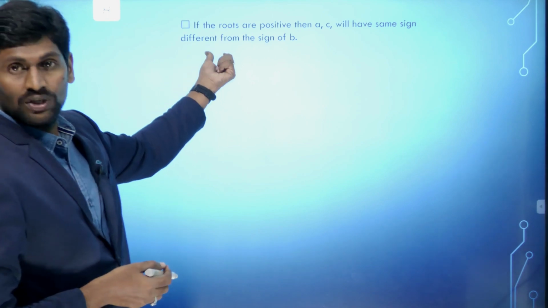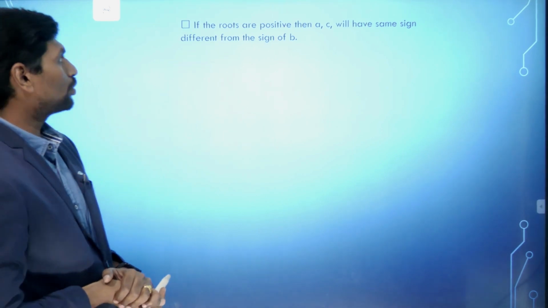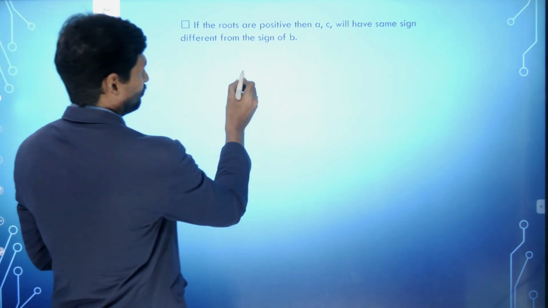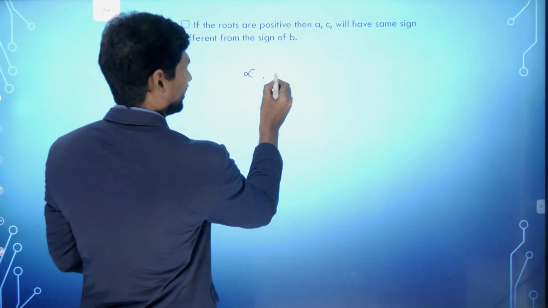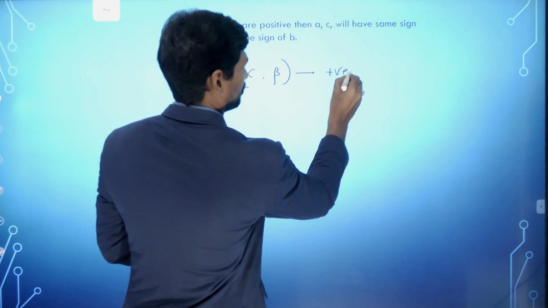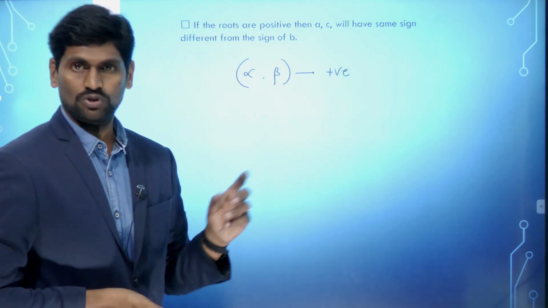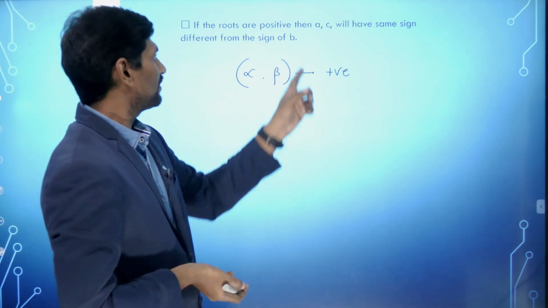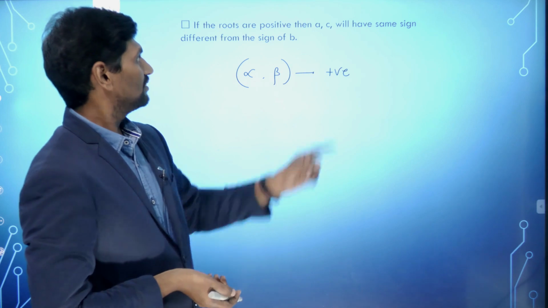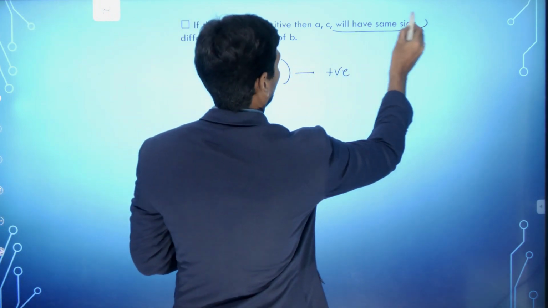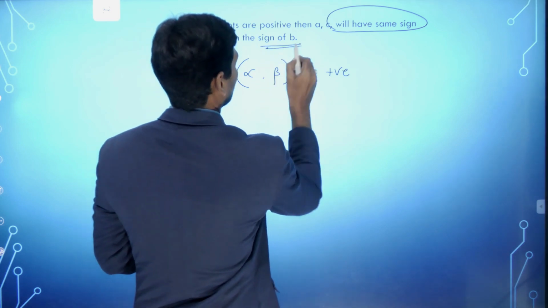So next one, if the roots are positive, that means both roots, alpha and beta, are positive, then a and c will have the same sign, and b will be different.